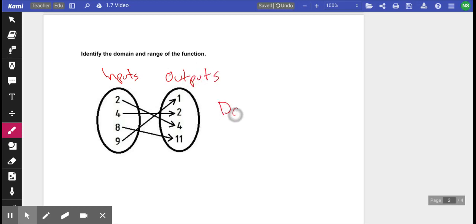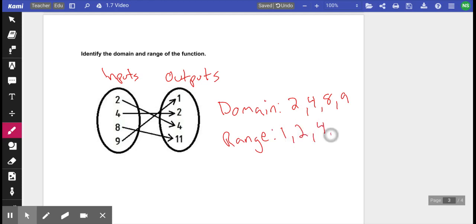So my domain is 2, 4, 8, and 9. The output is the range, and our values are 1, 2, 4, and 11.